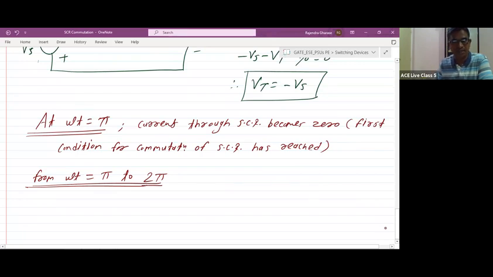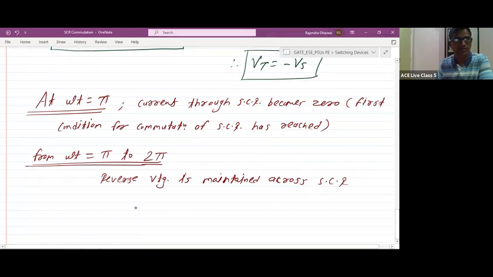The reverse voltage is maintained across the SCR. So that is nothing but the second condition for commutation of the SCR has been reached.